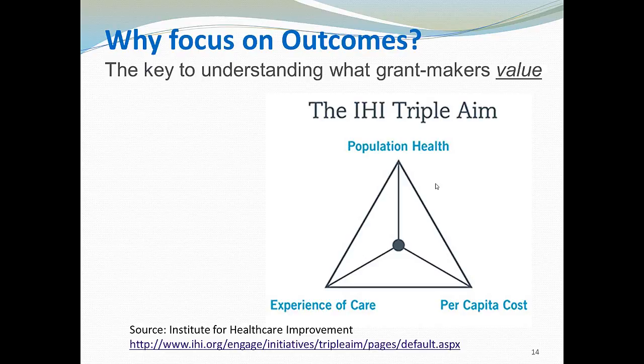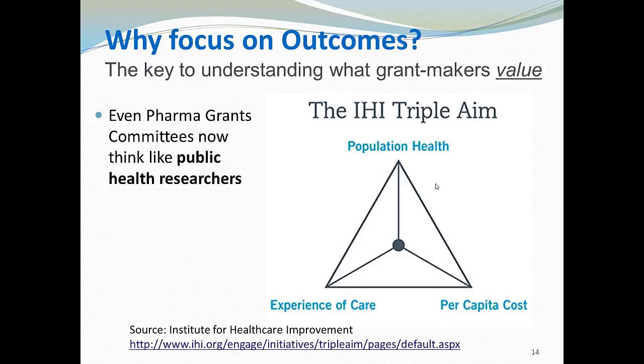What we're seeing is that even among pharma, the grants committees are thinking like public health researchers. They want to see gains in health outcomes, changes in patient health. For them to give philanthropy and get a tax break from the government for it, it can't be traceable in any sense to their sales bottom line.